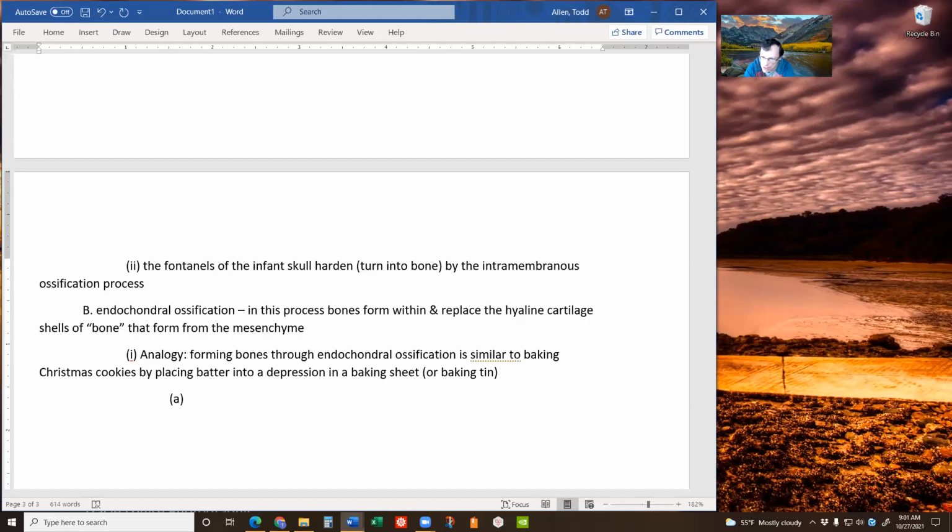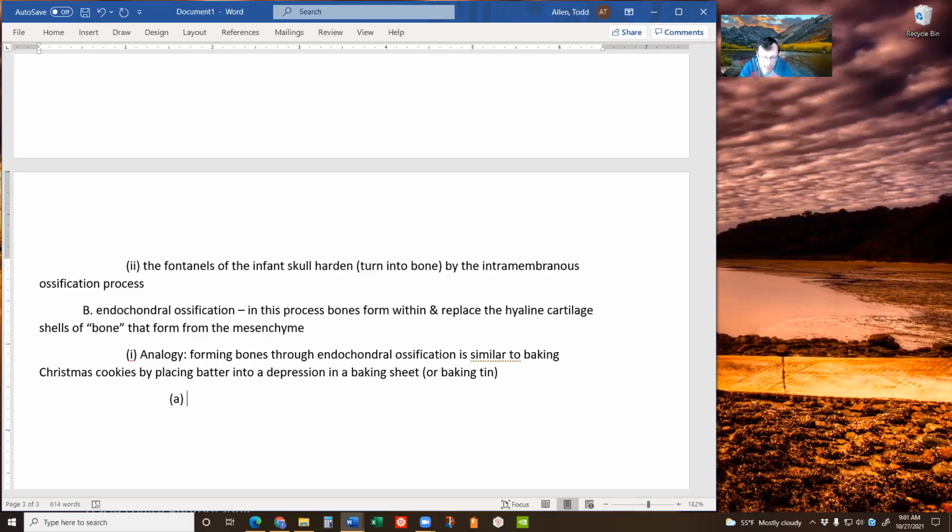To make Christmas cookies, let's be honest, for you and I, we go to a store or we order off Amazon a cookie baking sheet, a cookie tin, a cookie pan, or somebody that works with metals has already fabricated the cookie sheet for us, right? We just go buy it, but somebody someplace had to make that cookie sheet.